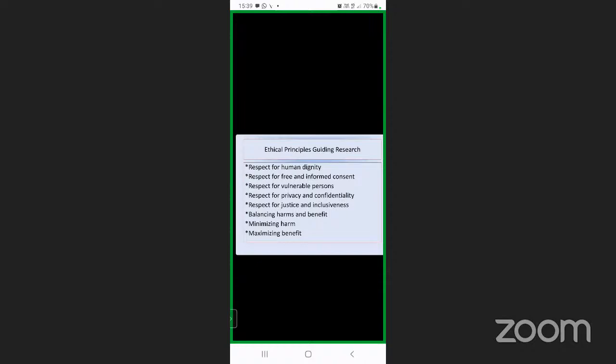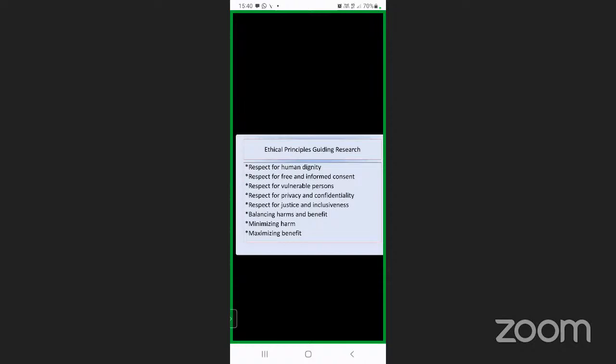In the acknowledgement or in the conflict of interest, we include the name of any person, any lab, or any inclusiveness which has given direct or indirect support. That is also mentioned in the principles of ethics.